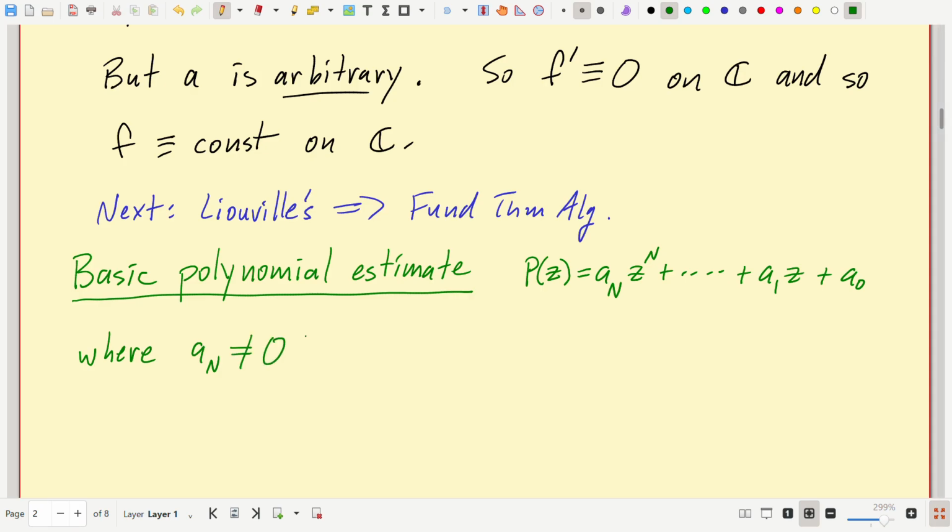If it were 0, we could just dump it and not write it. So it makes a lot of sense that it's not 0. And we assume that n is bigger than or equal to 1, so it's not a constant function. So all that means is that p is not constant.